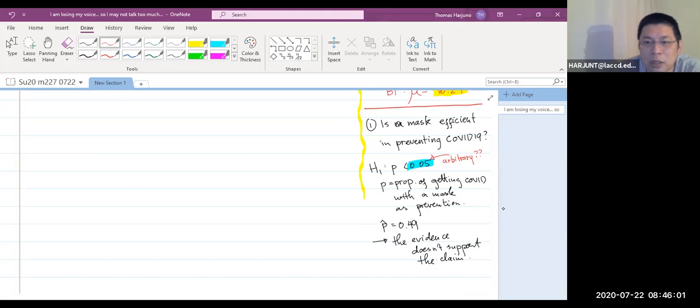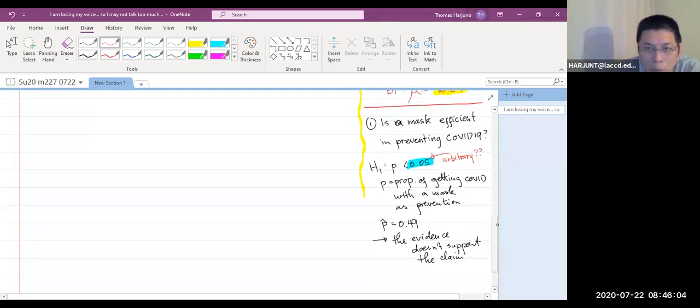Now, the appropriate testing is supposed to compare those people who wear masks and those not wearing masks and see the proportion of them getting COVID-19. So a more appropriate way, I should say, is: among people wearing masks, how many get COVID-19 out of how many people, and among those who don't wear masks, how many get COVID-19 out of how many people.